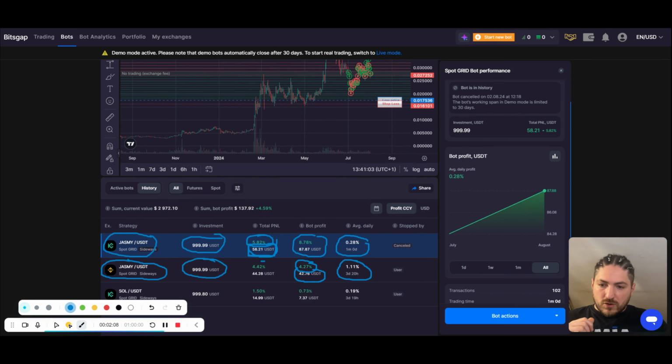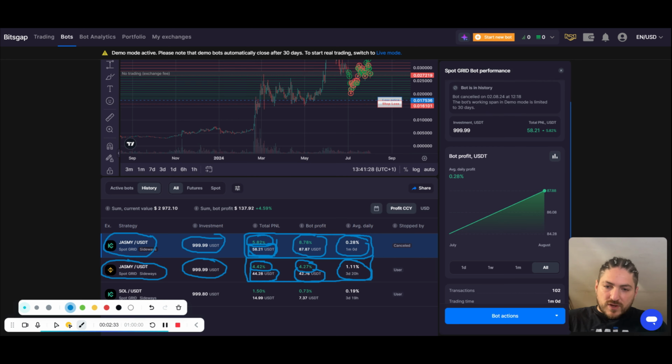When I closed the bot, it was running at 4.42% and 44.28 profit P&L. So you can see that although this one's been running for a month, it's actually done nearly the same as this one that's been running for 3 days.